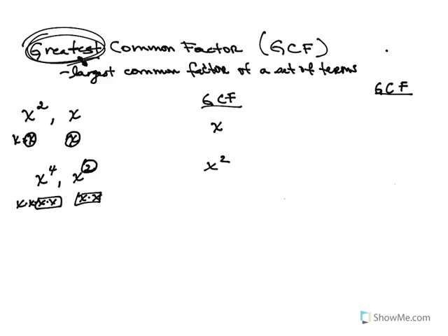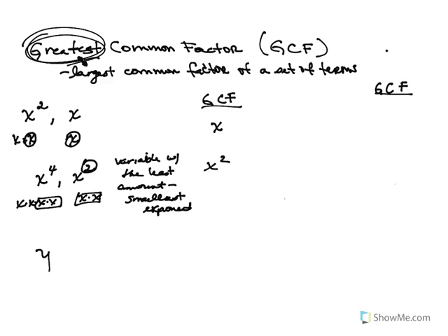And so it's just going to always be the variable with the least amount, which means the smallest exponent. So you just look at the exponent.